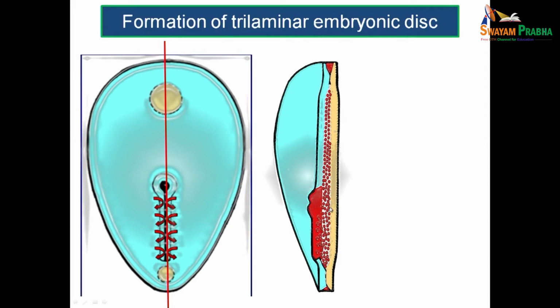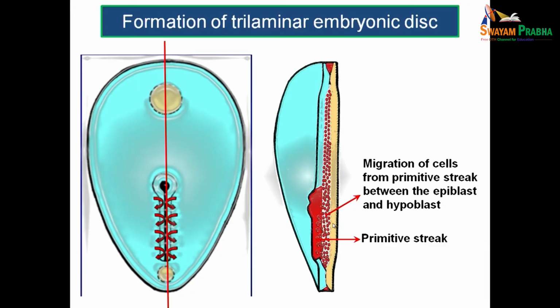So these are the cells which are derived from the primitive streak. You can see that the cells are actually derived from the primitive streak, and they enter through the primitive pit and they occupy the region between the epiblast and hypoblast, and that is how the intraembryonic mesoderm is formed.